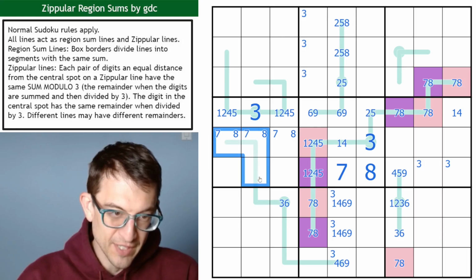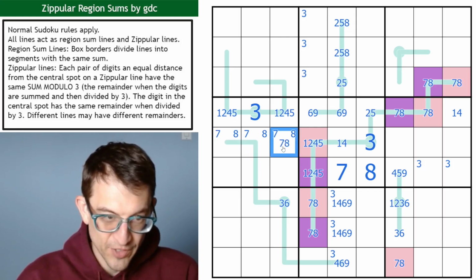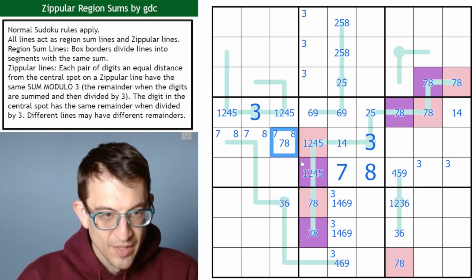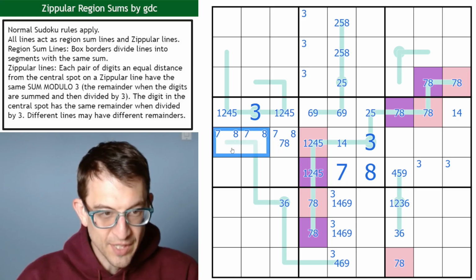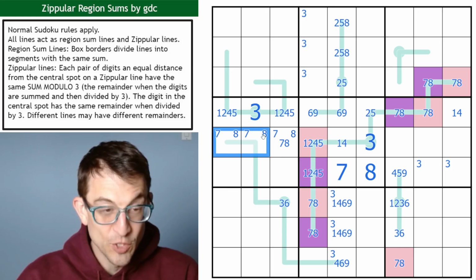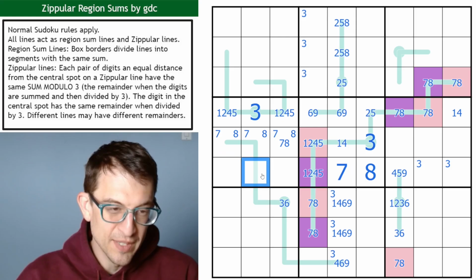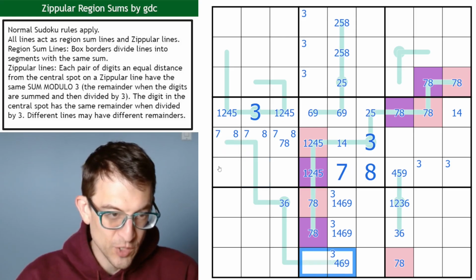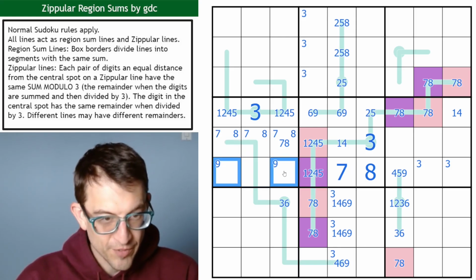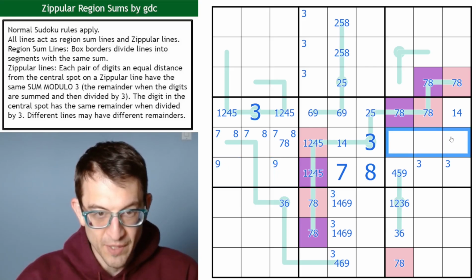So if that's 15, that's already too big. So this is 7 or 8, definitely. The other one's on here with some other stuff. So there's no 9 up here, actually. So 9 can't be on this because 9, 7 would make 16, which is already too big. So 9 is off of that region sum line, which puts it up here.